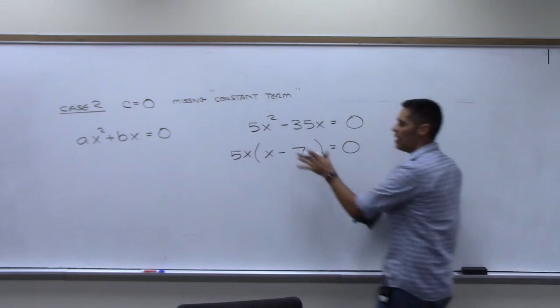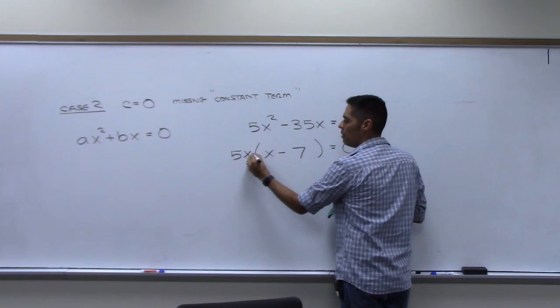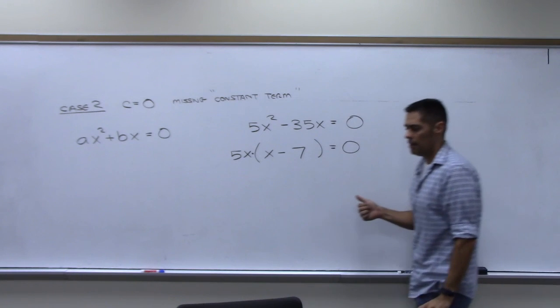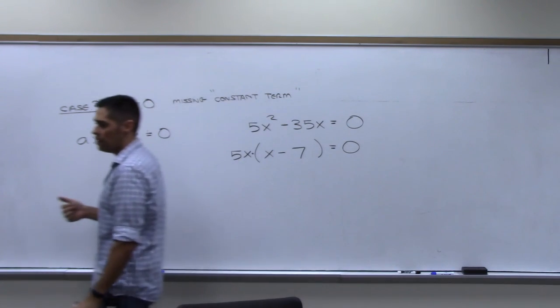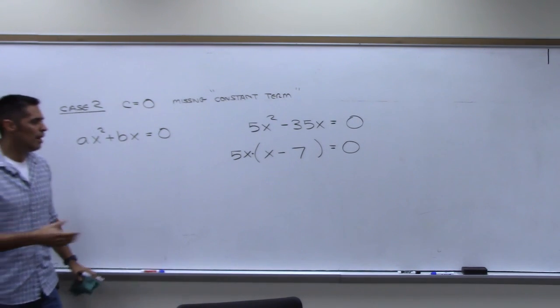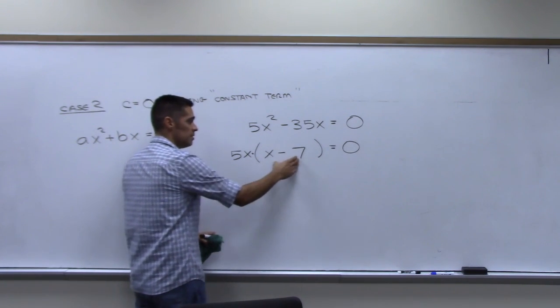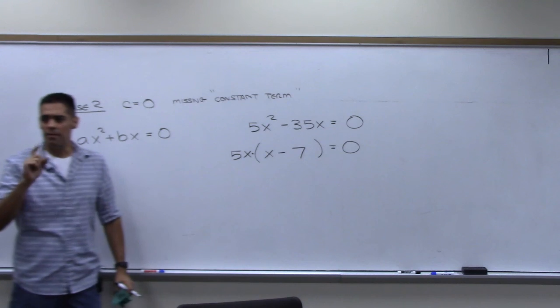So what we've done is we've taken subtraction and turned it into multiplication. And now we use a very important property in algebra that says if you ever have two things that multiply to be 0, one of them has to be 0.